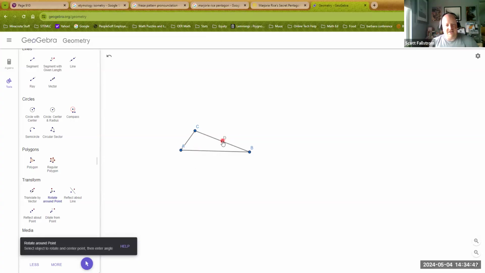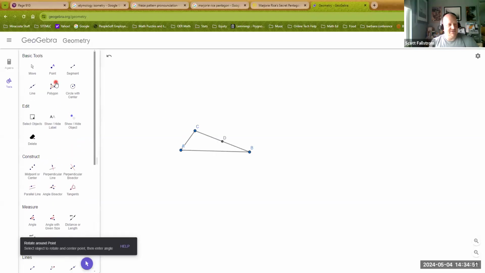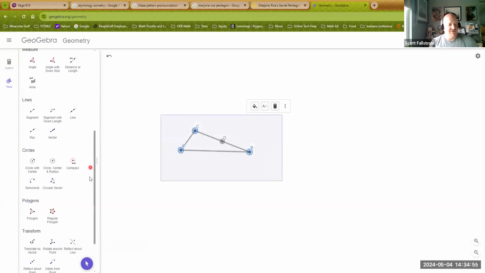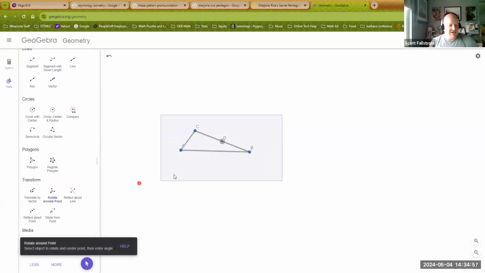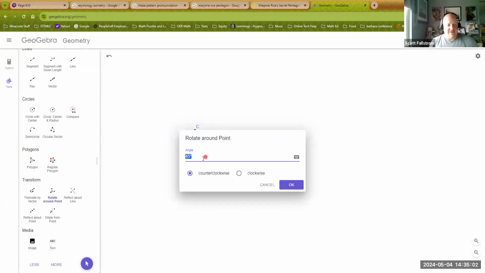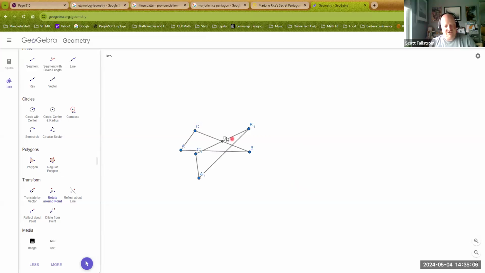Now, I have to rotate an entire shape, so let's see if I can select objects. Here we go. I'm going to select all these objects, and then rotate them around the point. Then it says how far. Well, if I do 45 degrees, I'll get this shape.